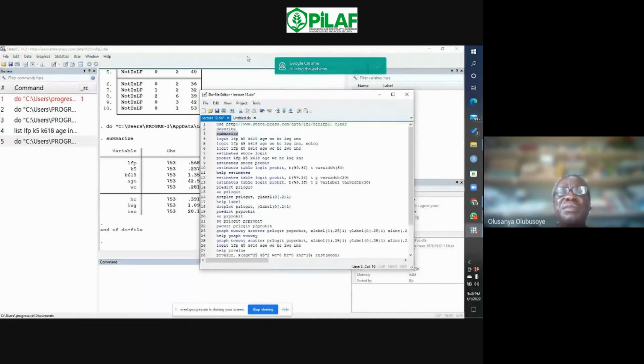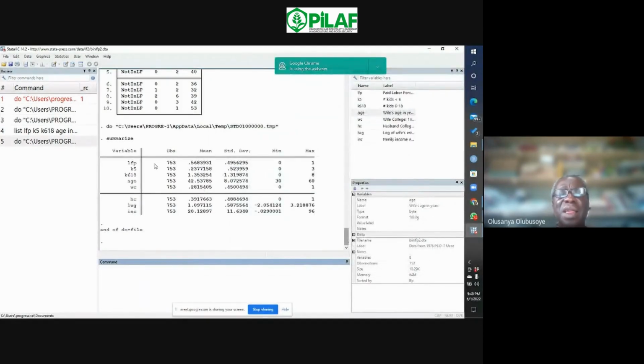So this is the summary of the data. Easily you will know that LFP, which is labor force participation, has 753 observations. The minimum is 0 and the maximum is 1, so the average is just adding the ones together and dividing.